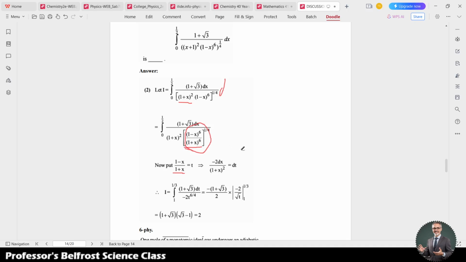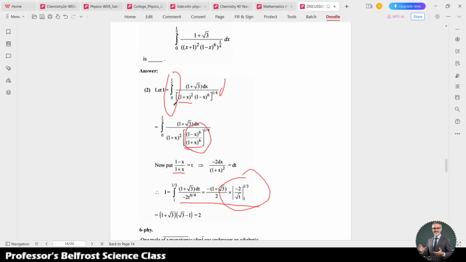Then you just need to extract the constant to the left side, and operate on this one first. Now you are operating on dt, not dx, so the boundary value will be different.